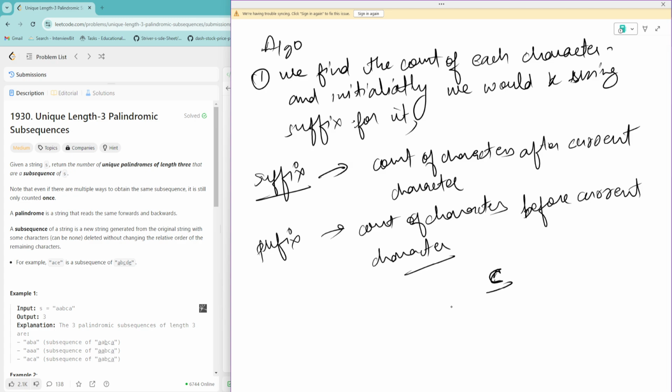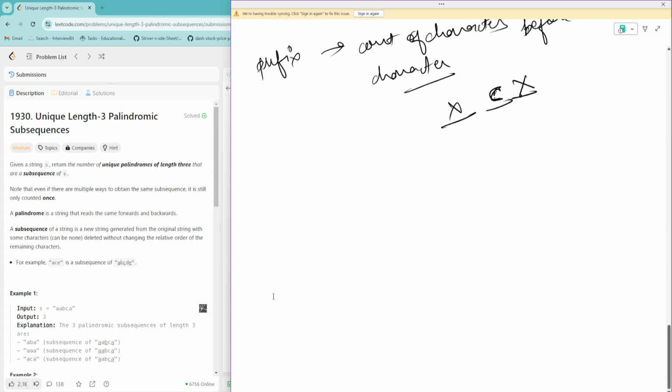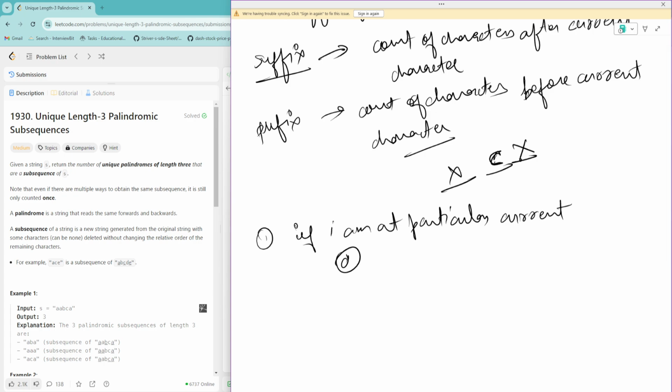If this C is my current character, then XCX pattern. If I am at a particular character, the first thing I will do is reduce the suffix of that character by 1.